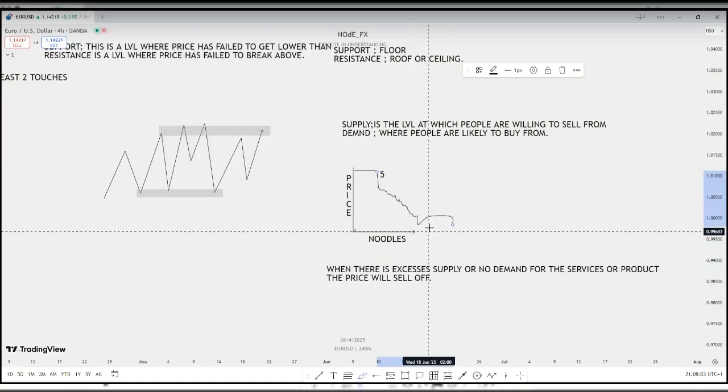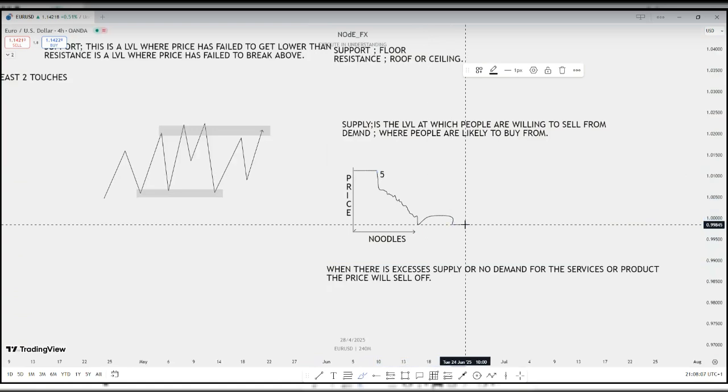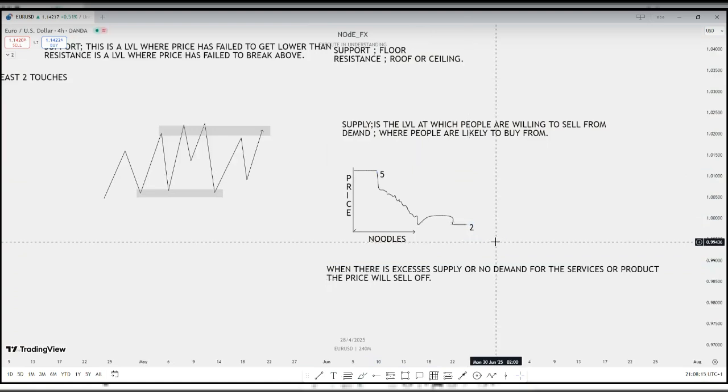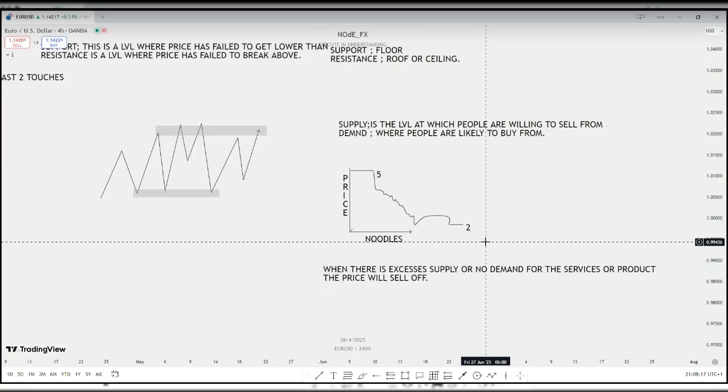Now, take it that price is trading at 2 naira for one noodles. Now, understand this. People are selling the same noodles that was 5 naira at a point for 2 naira. Why? Because there's too much of the noodles in the circulating system.